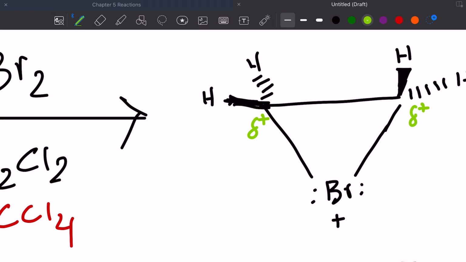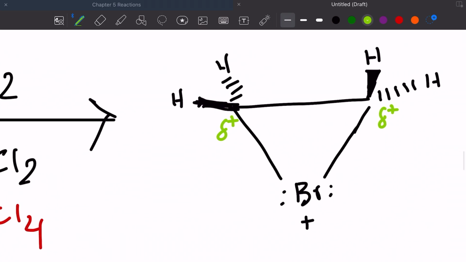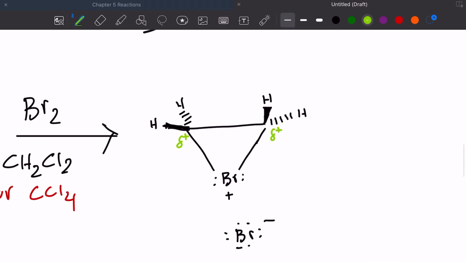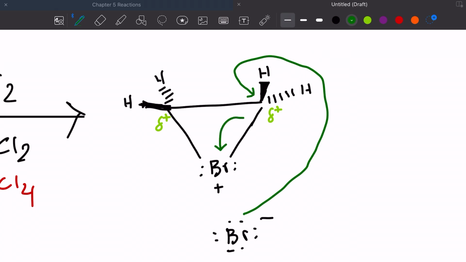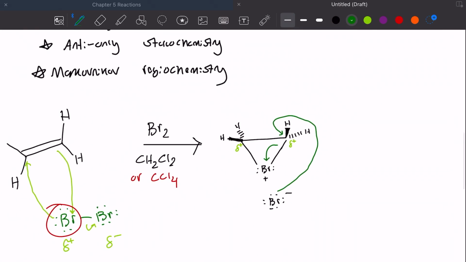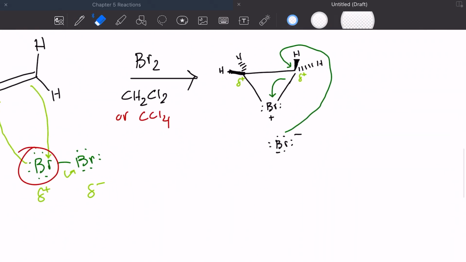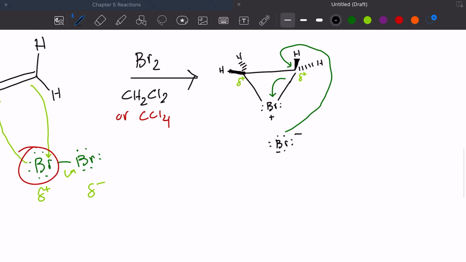One is not more stable than the other, so it doesn't really matter where you add from, but there will be two different products in the mixture. So this bromine ion that's floating around is going to add anti, so it's going to come all the way around and add from the back side to that carbon, and it's going to break off this bond and leave a bromine.